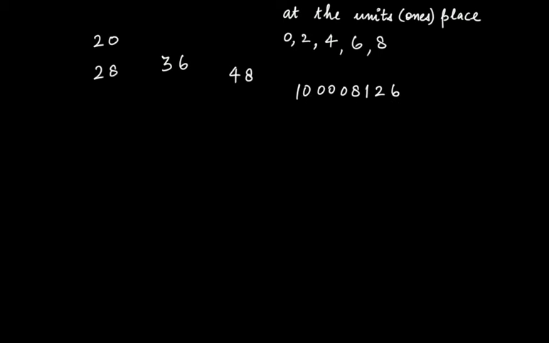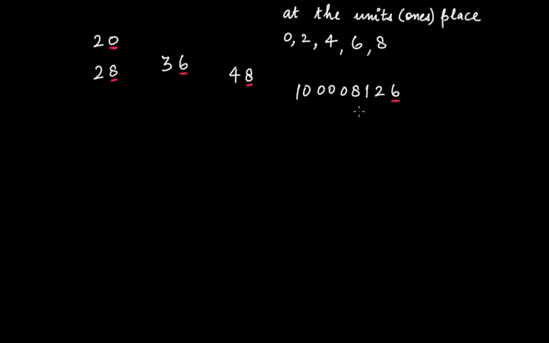So in all these numbers, at the units place, in this case you have 0 digit at the units place, in this number you have 8 digit at the units place, in this number 36 you have 6 as the digit on the units place, here you have 8 on the units place, and in this case you have 6 at the units place.